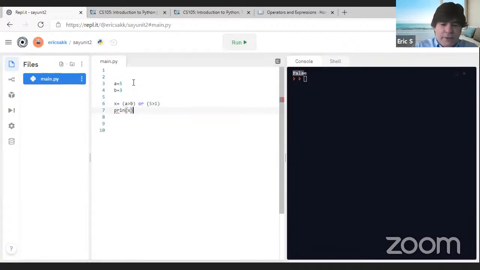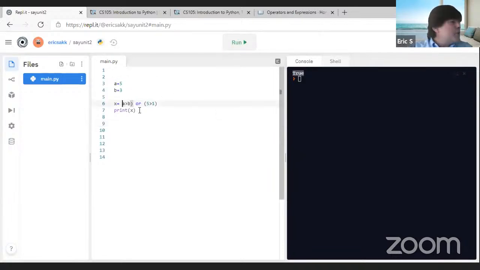With the parentheses, I am asking Python to evaluate those relational operators, and then I'm evaluating the logical operator or next. So A is in fact greater than B, or 5 is greater than 1.